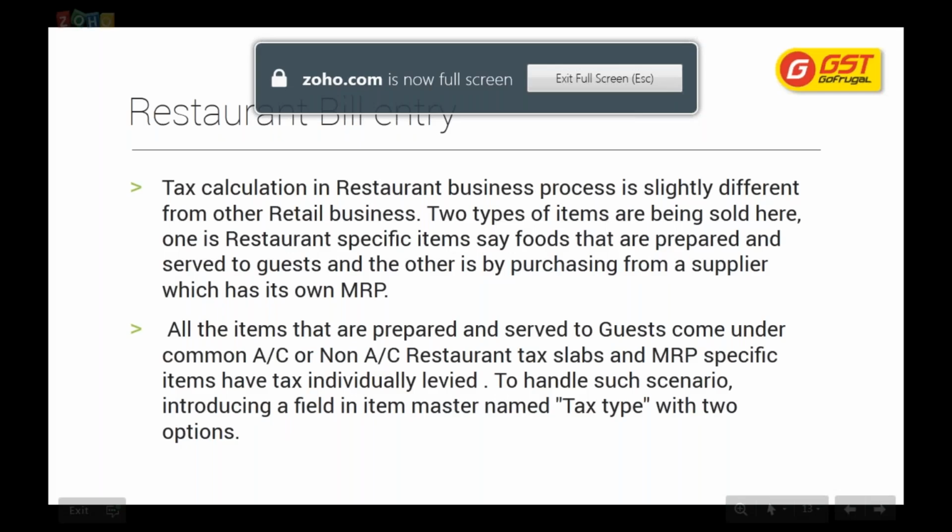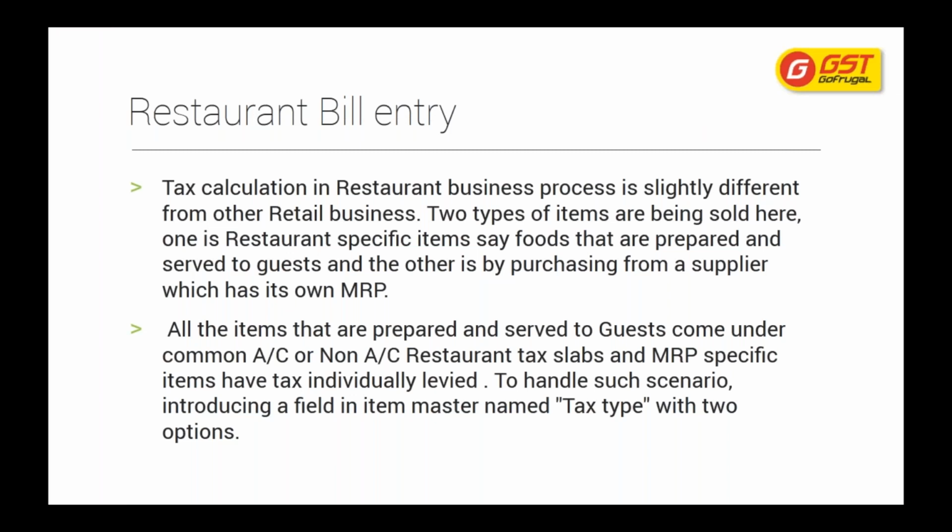As per the government norms, for restaurant bill entry, the tax calculation is slightly different from normal retail business. The tax should be calculated based on two types. One is the foods which are prepared in the restaurant itself.